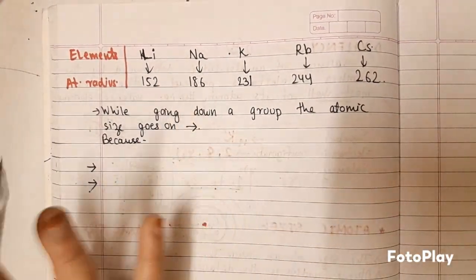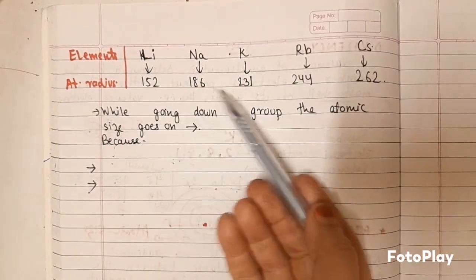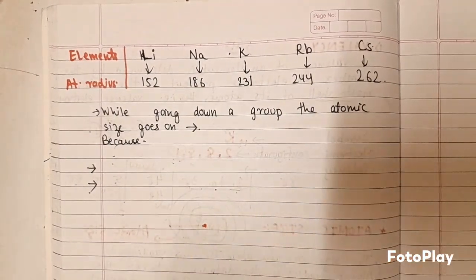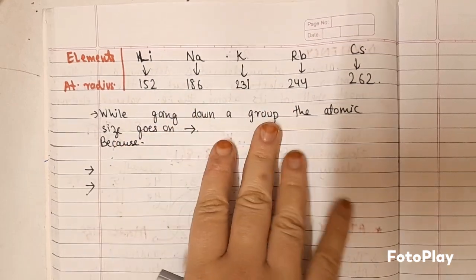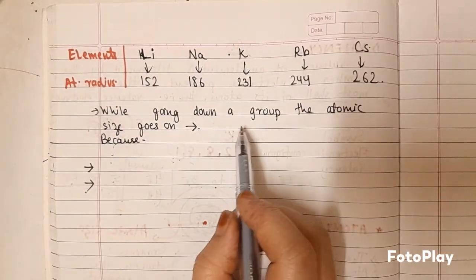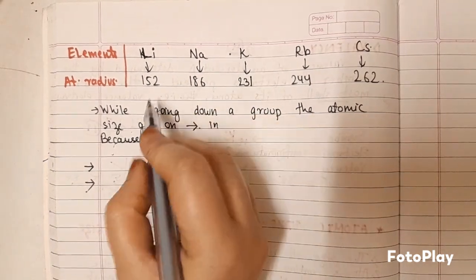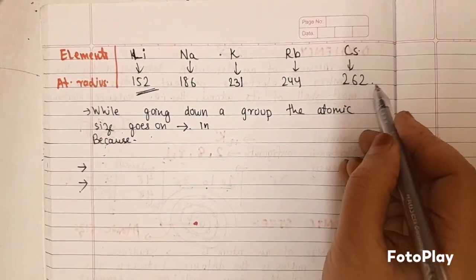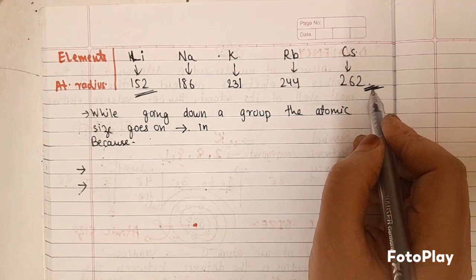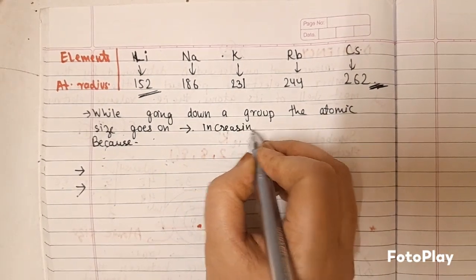Just observe the atomic radius from lithium to cesium. The atomic radius increases from top to bottom. While going down a group, the atomic size goes on increasing: lithium is 152 picometer, and cesium has an atomic radius of 262 picometer.